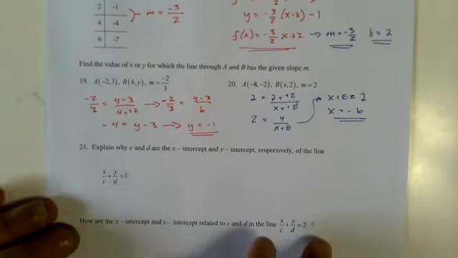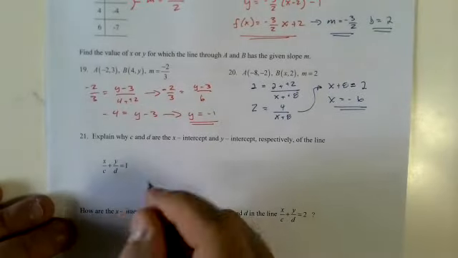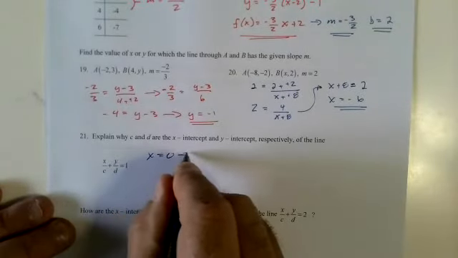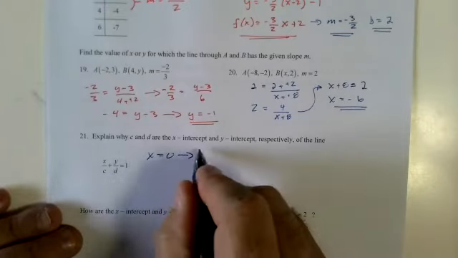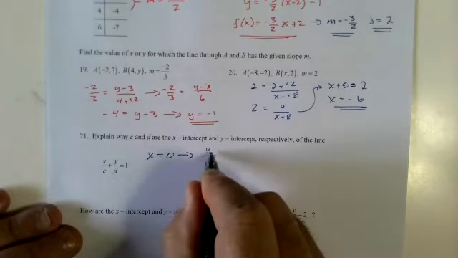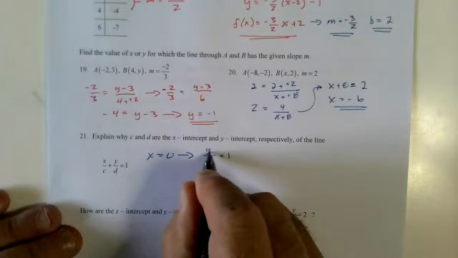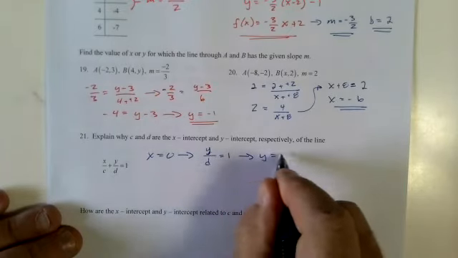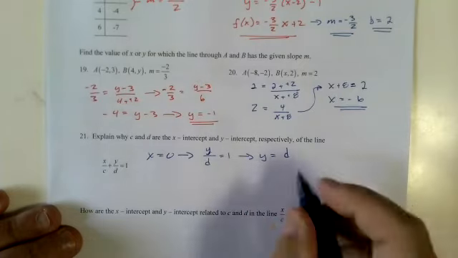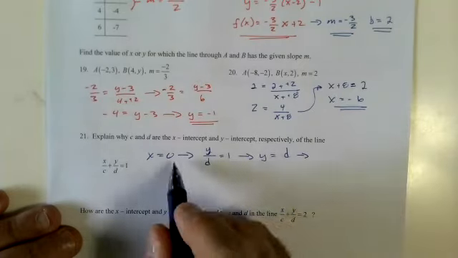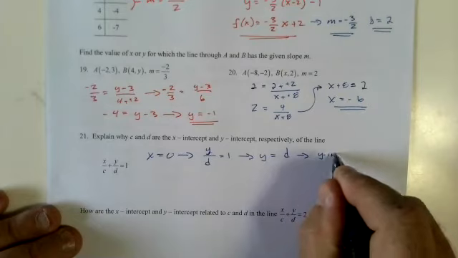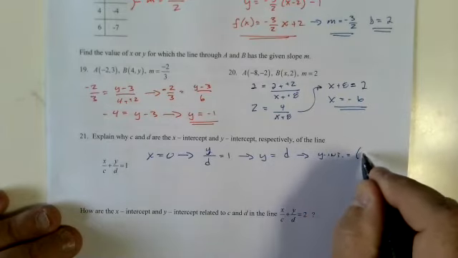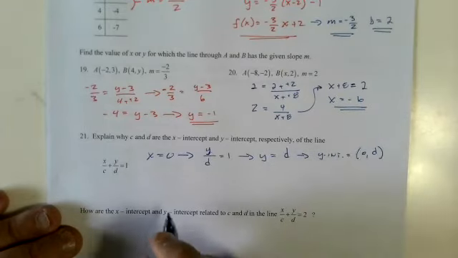So explain why c and d are the intercepts. Why don't we just do this? When x equals 0, y over d equals 1, and y equals d. So the y-intercept is (0, d).